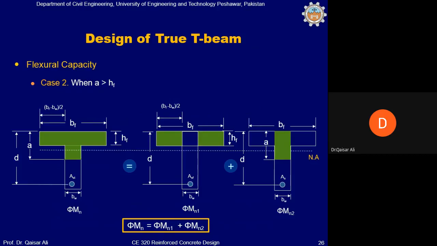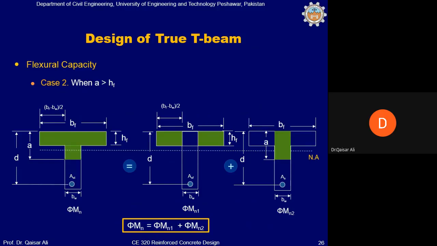Next is the flexure capacity of a T beam. If the shape of the beam is T and the compression block depth A now extends into the web portion, the shape of the compression block, the green area, consists of 2 rectangles, so this shape is like a T. We can split this into 2 parts: one part equal to these 2 rectangles, and then one this rectangle.